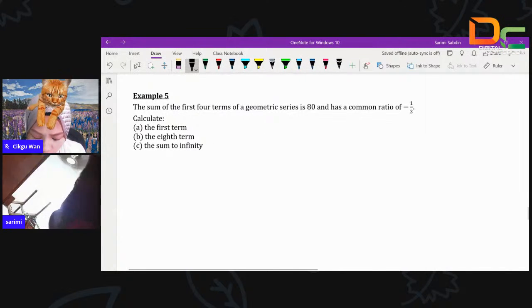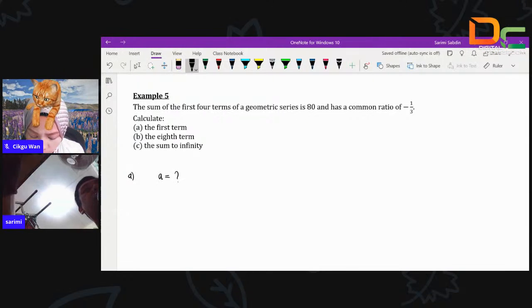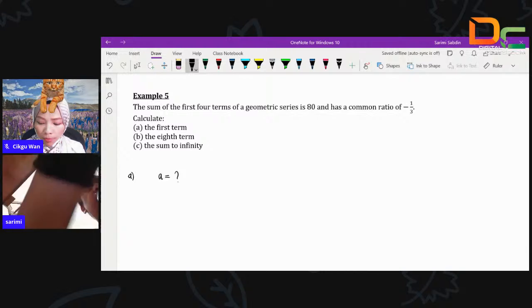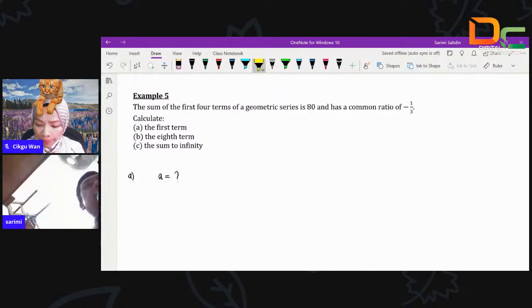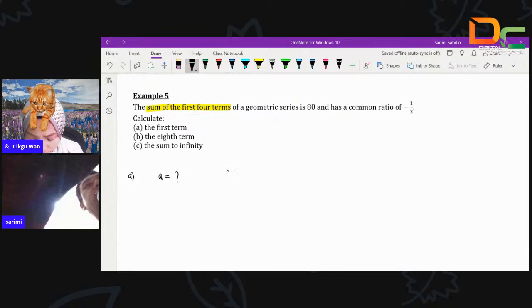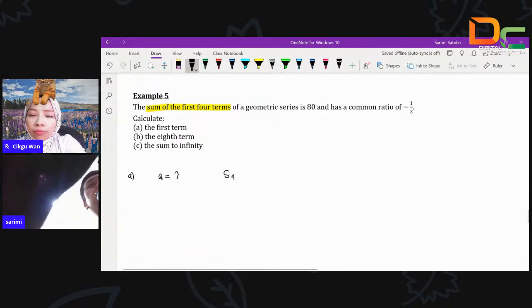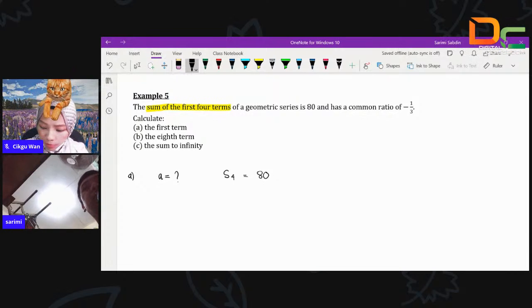Right, so we do the first question, which is the first term. The first term is A, so we need to find A. The information given to us is the sum of the first four terms, S4, of a geometric sequence is 80.